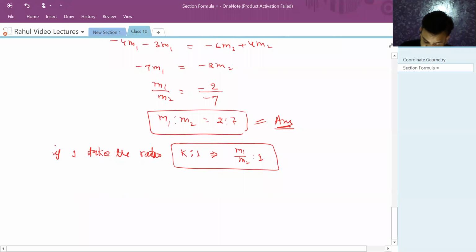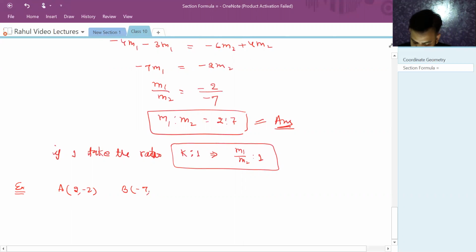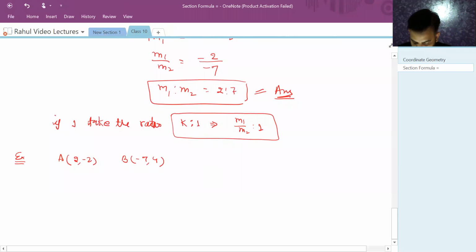Now, another type of question is here. Suppose we are dividing a line in three parts. Suppose you have a line AB, A point is 2 minus 2, and B minus 7, 4.